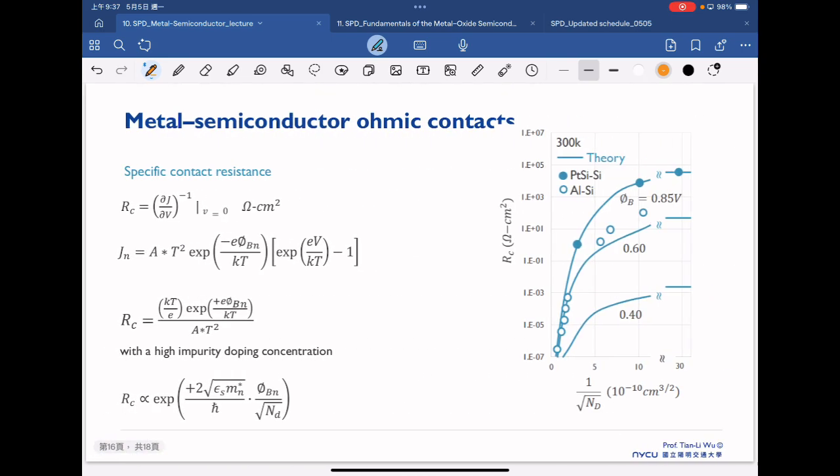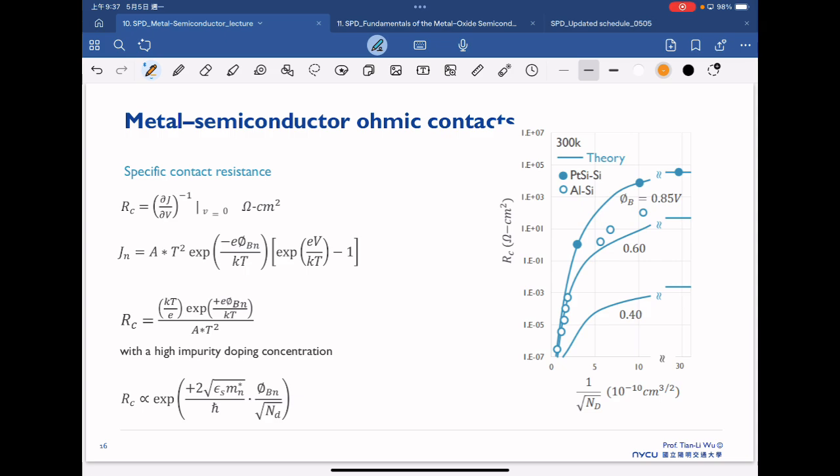Also, we can try to calculate the contact resistance. As we discussed before, the purpose of forming the metal semiconductor contact is either to form a good Schottky contact, with good Schottky rectifying characteristics, or to make the ohmic contact resistance as low as we can.